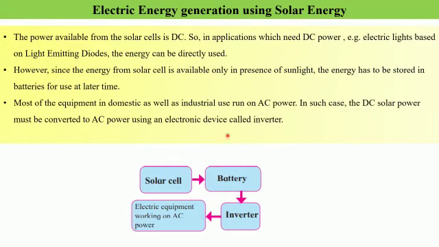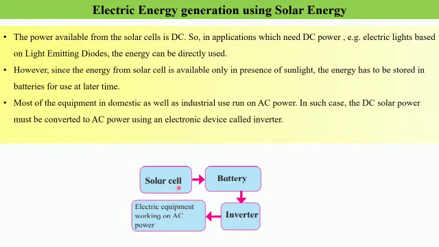So this direct current that is generated by the solar cell and which is stored in the batteries as direct current can be converted into alternating current by a device which is called an inverter. And this current can then be used to run the domestic appliances as well as in industries. So here this conversion has been shown to us.